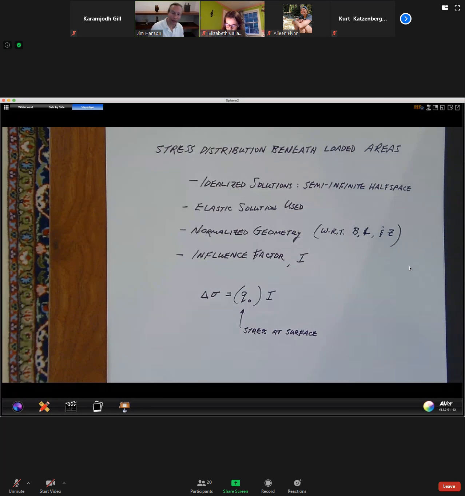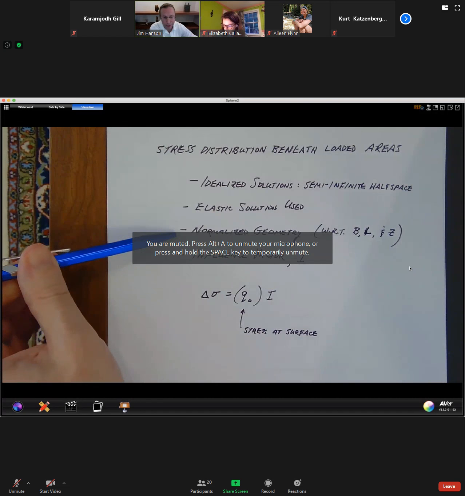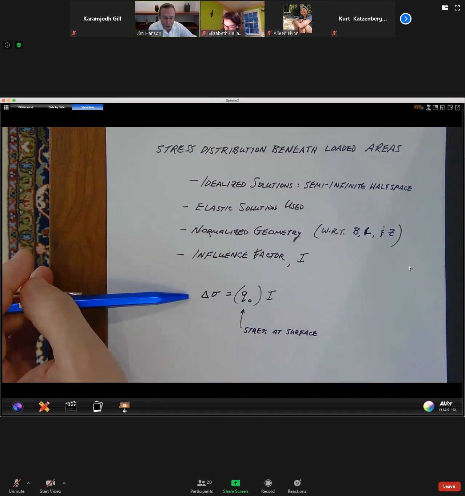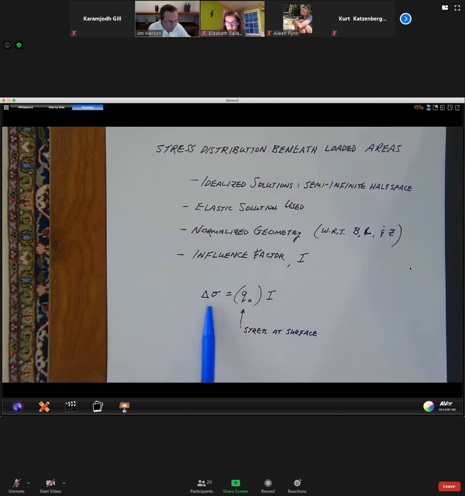And we need to sort out the stress change at that location due to application of a load on that foundation base. And the normalized geometry will allow us to utilize charts or equations and arrive at an influence factor, I, and the change in stress that will result from applying a load at the surface is going to be the stress acting at the surface, the stress over that loaded area, times this influence factor.